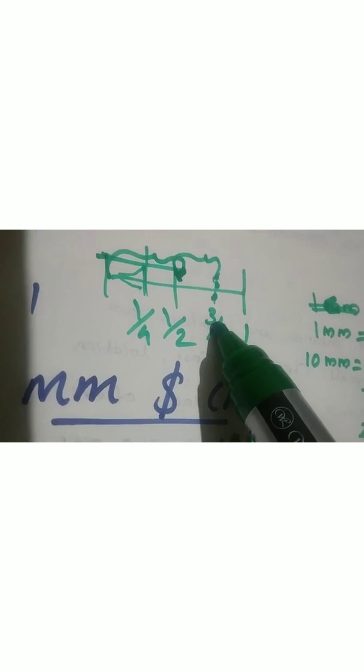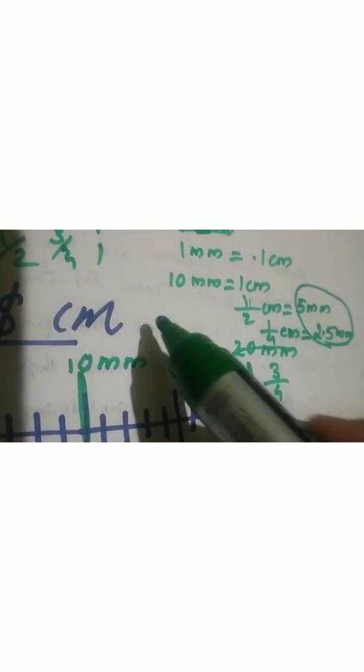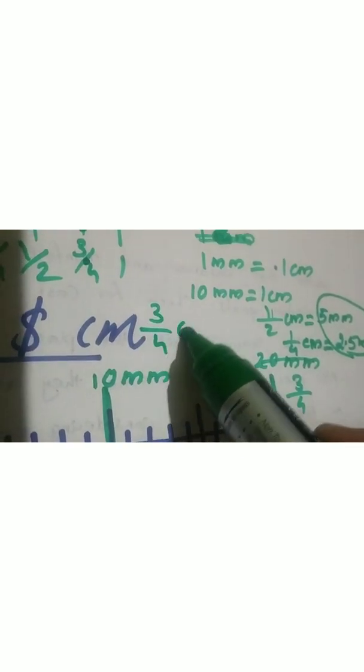Actually, this 3/4 is equal to the sum of these two. Quarter, then half also will be there. Okay, this one half, then this quarter. So we will get 3/4. So 3/4 centimeter will be equal to 7.5.